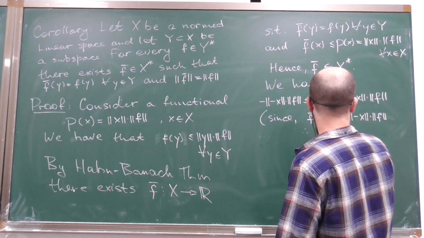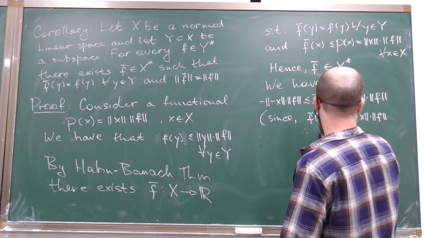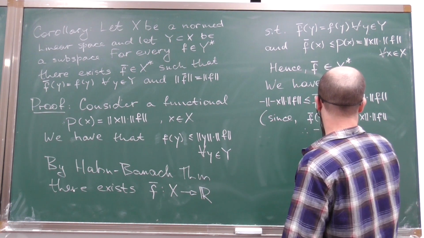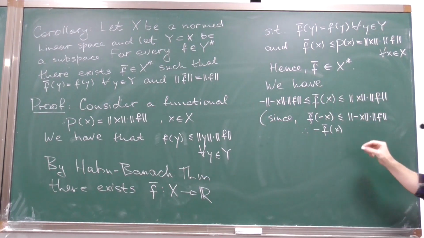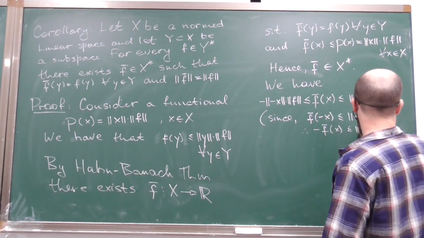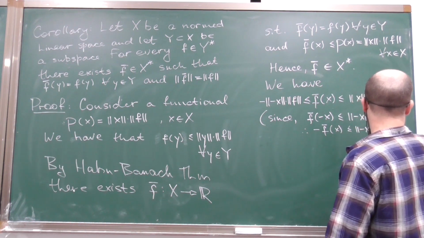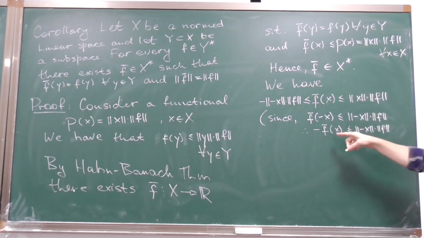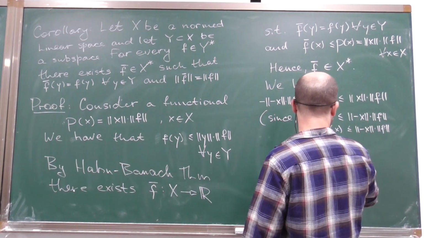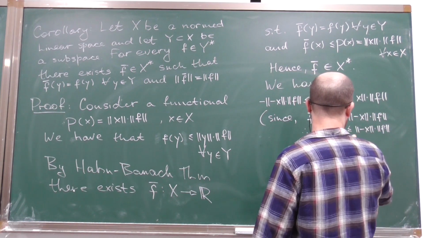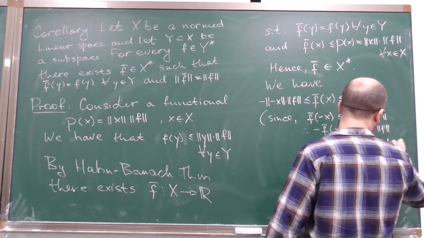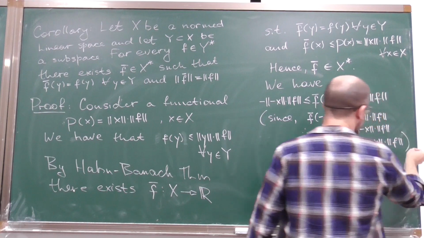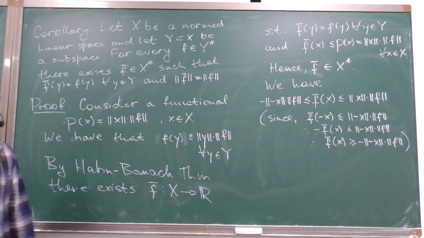And then we have this one, so the functional is linear. And now if I multiply both sides by minus 1, I get exactly the estimate from below.